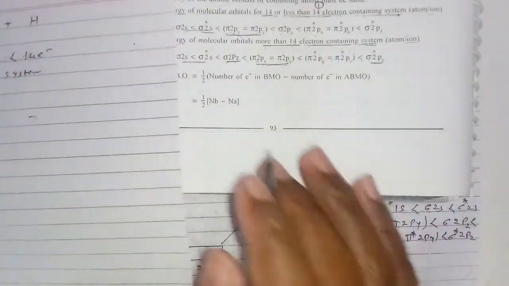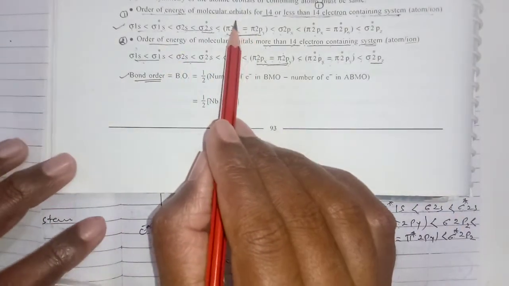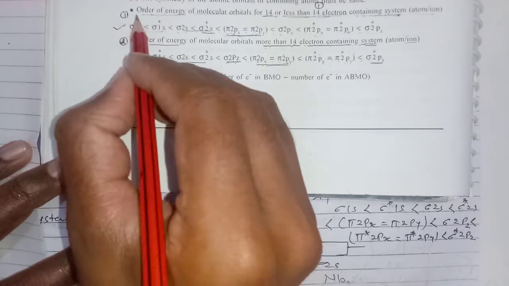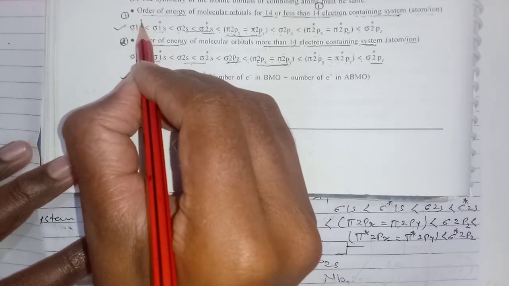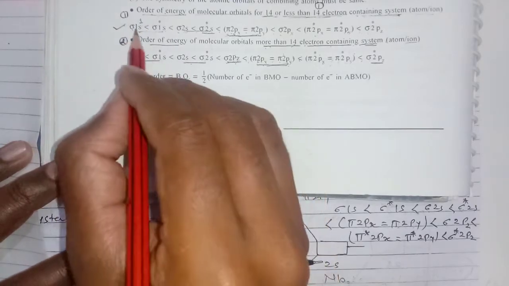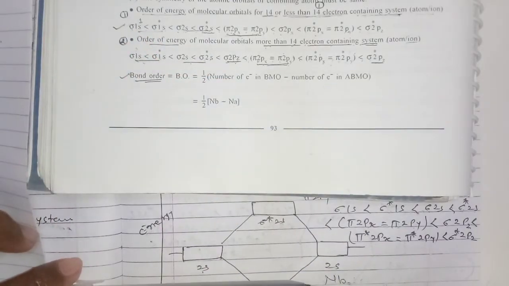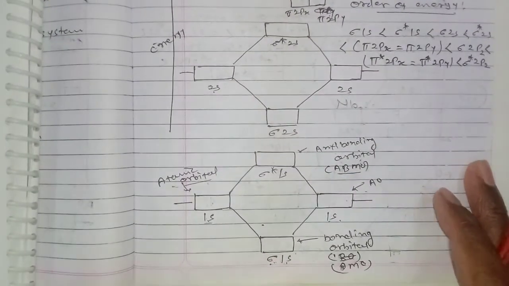Now the order of energy of molecular orbitals, with only 1 electron here. Okay, let's see in the diagram.